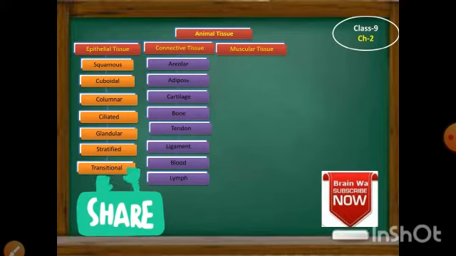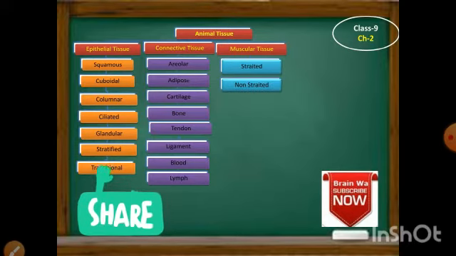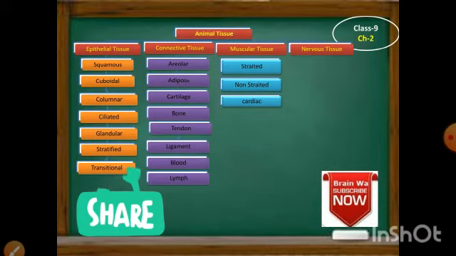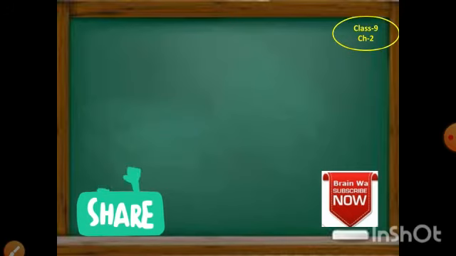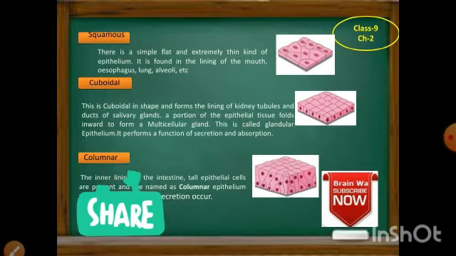Muscular tissue is subdivided into stratified, non-stratified, and cardiac. Fourth, the nervous tissue is subdivided into neurons, neuroglia, ependymal cells.